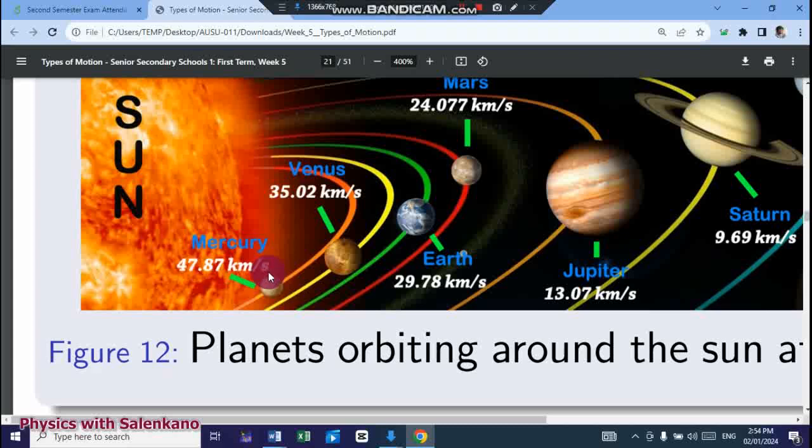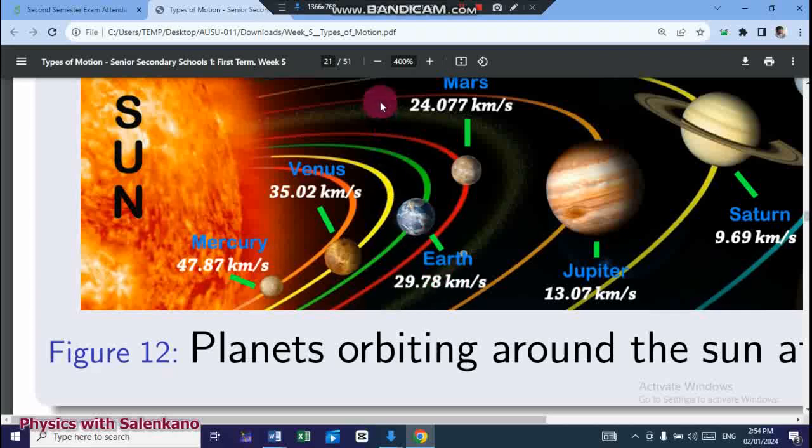47.87 kilometer per second. And the next one is Venus, 35.02 kilometer per second, meaning in 1 second it covers a distance of 35.02 kilometers. This is the Earth where we live in. It orbits the sun with a speed of 29.78 kilometer per second, meaning every 1 second it moves around the sun and covers a distance of 29.78 kilometer.